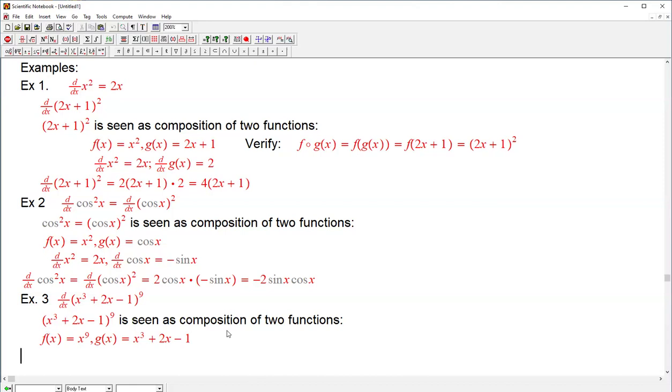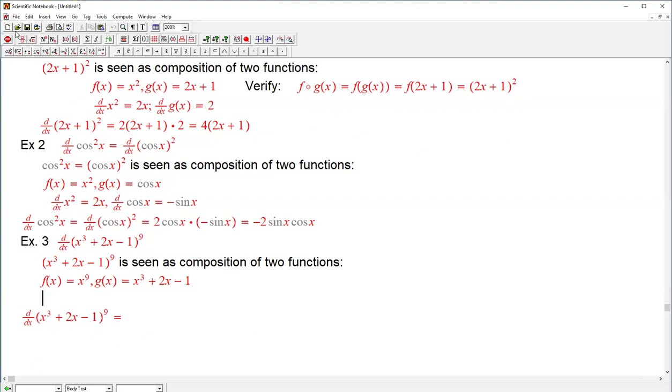Now, when we differentiate this parentheses raised to the power of 9, we are going to apply the rules the same way. We know the derivative of f, which is x raised to the power of 9: it is 9 times x raised to the power of 8.